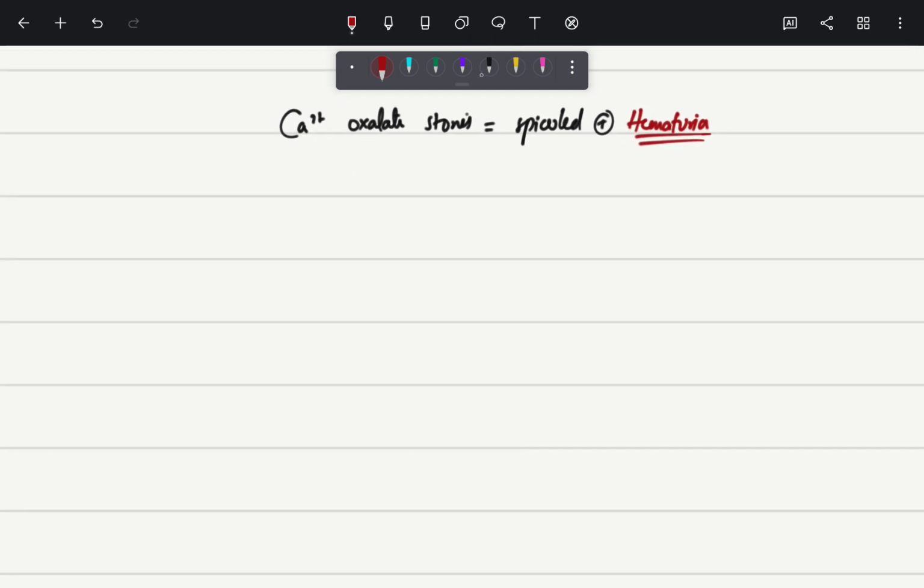What is meant by this? Imagine this is the calcium oxalate stone. Usually this stone will have a lot of spicules, spikes, present on it.